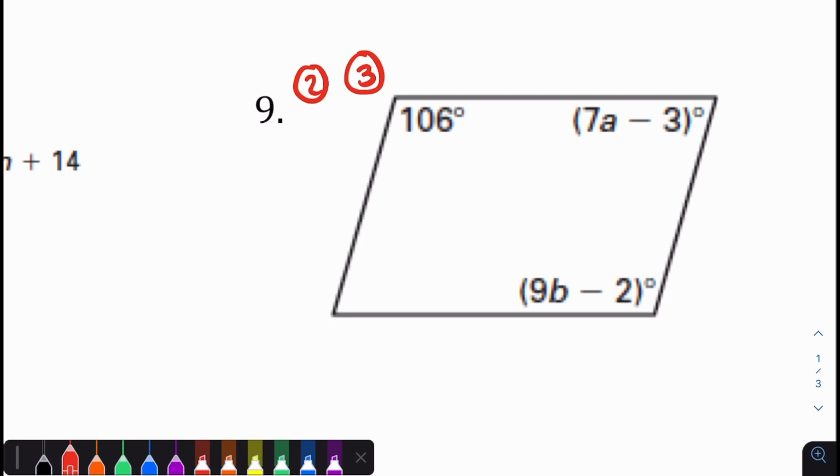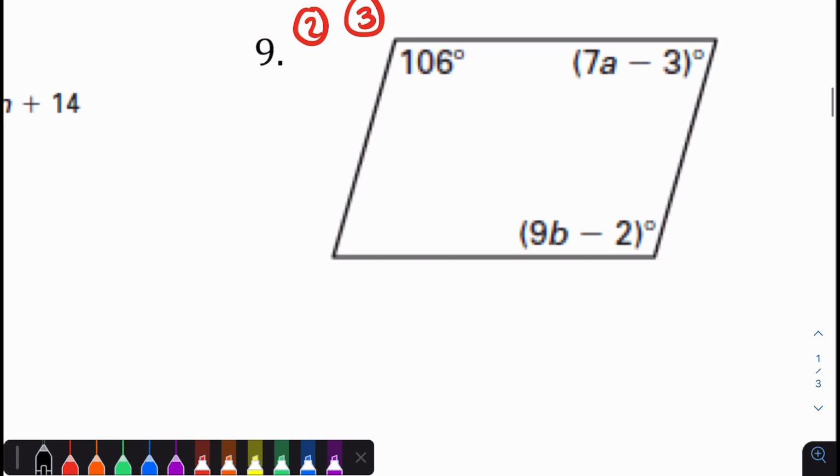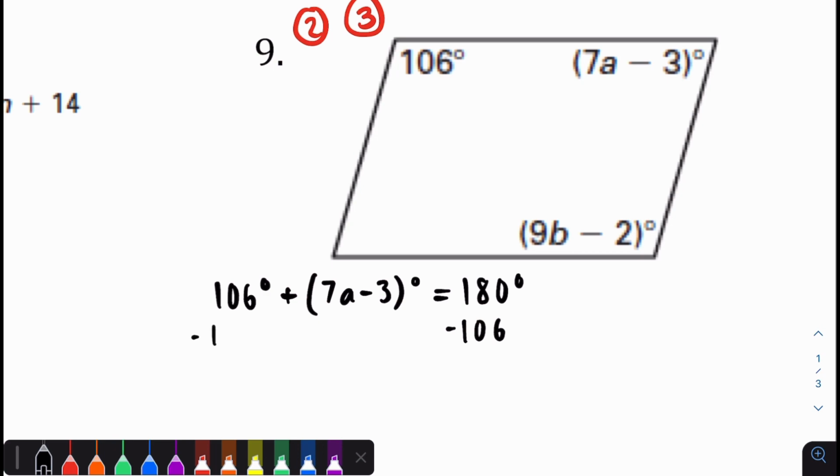So I'm going to start with the supplementary ones first. I'll say that 106 degrees plus 7a minus 3 degrees equals 180. Subtract 106 from both sides.